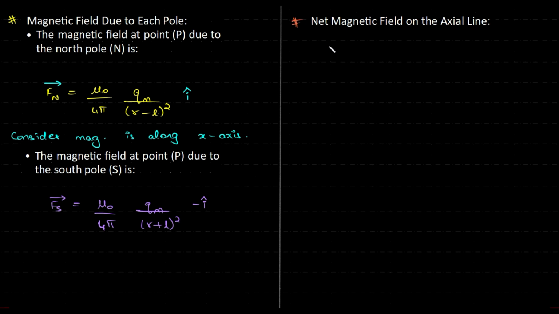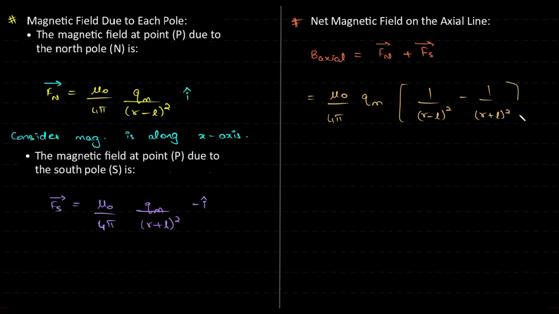And so the net field at point P is given by the sum of these two. Simple superposition. 1 by 4 pi and qm are common, and we are left with 1 by (r minus L) whole square minus 1 by (r plus L) whole square, pointing in the direction of i.